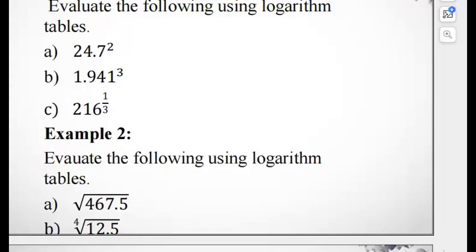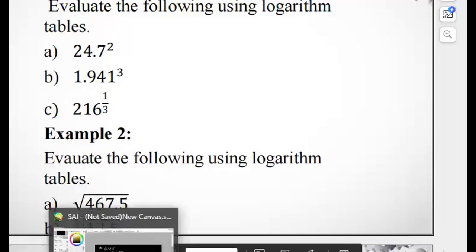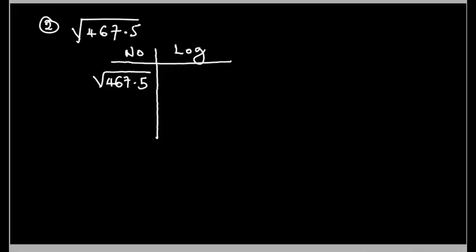And we have the next example when it involves roots. So we have the square root of 467.5. Okay, so let's see how it goes. So this is how I will have my setup.